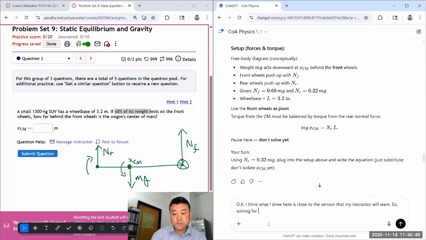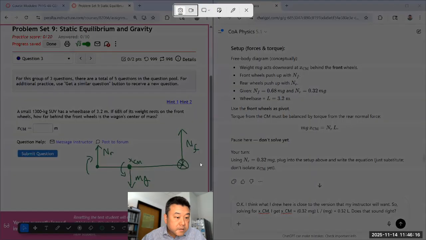So solving for XCM, I get XCM is equal to 0.32 mg times L divided by mg, which is 0.32 L. Does that sound right? Let me put this in.